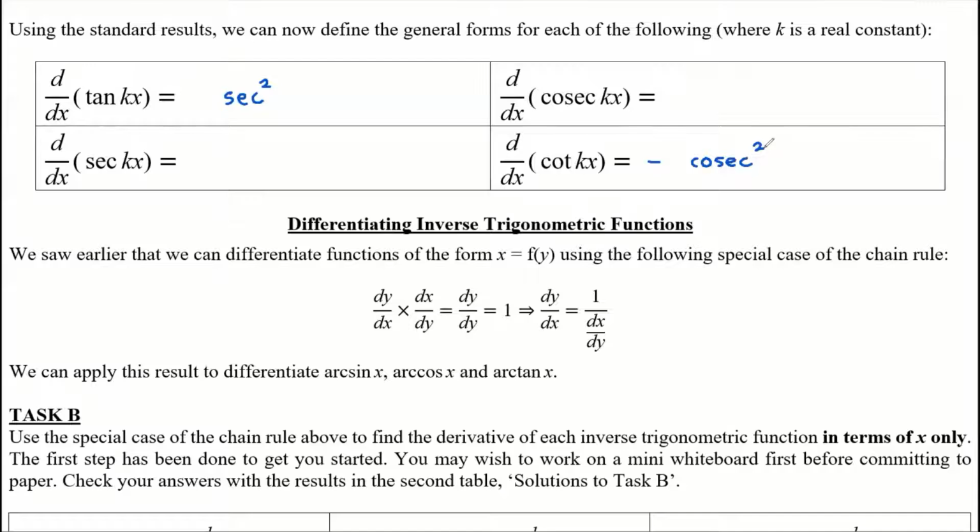Not that you have to, but I'll get onto that in a second. If you differentiate sec, of course, you get sec x tan x. That would be the derivative of sec x. So again, I'm just going to write it as sec and tan, like that. And the derivative of cosec, which was the only other one that we looked at, we get obviously negative cosec. So it's a negative.